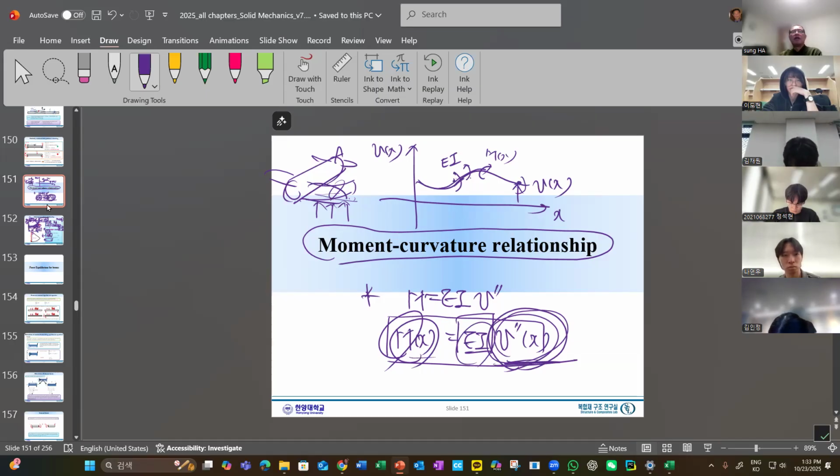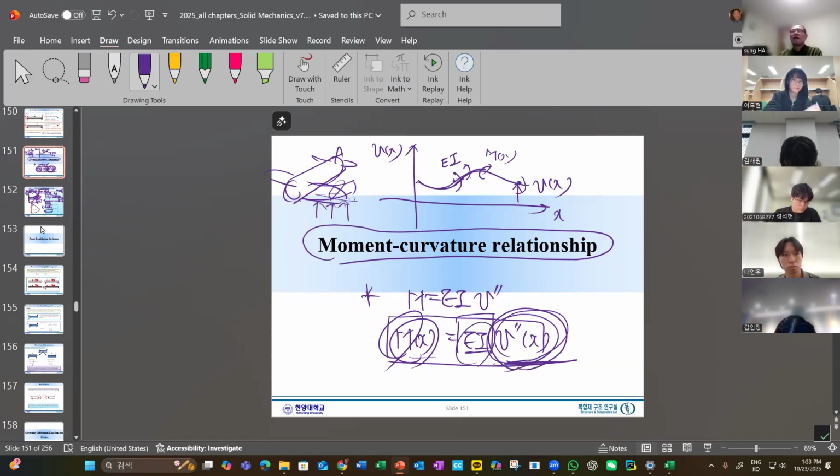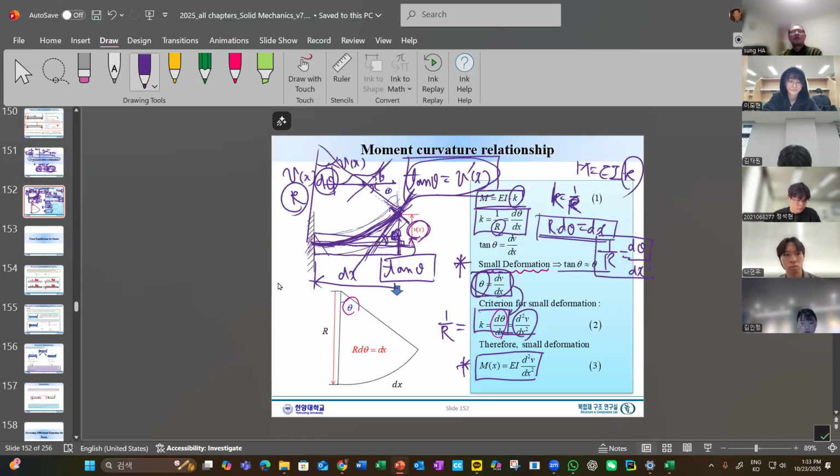Sorry, I just repeatedly emphasize this because it is that important. As you can see, we went through a very simple equation. We already know moment equals EI curvature, but the only assumption we add is that the slope is tangent theta, but the deflection is small, so tangent theta is simply theta.